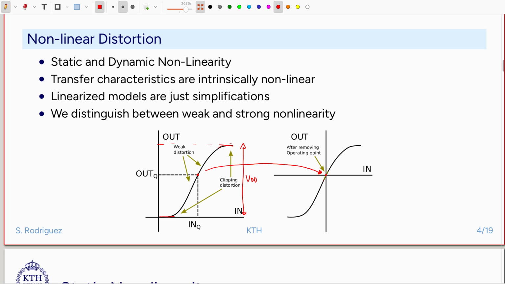We have to be very careful: this is just an assumption, a simplification that makes our analysis possible, considering it as a linear system. So we can use the Laplace transform, Fourier transform, superposition, and other tools that are very handy. But remember, this is just a simplification. In reality, we have to work with a nonlinear system.